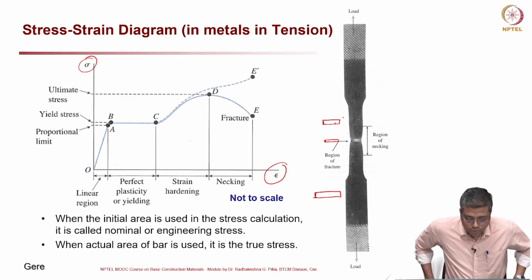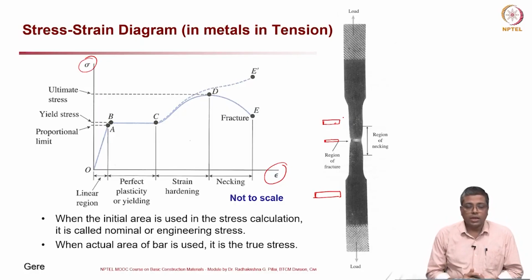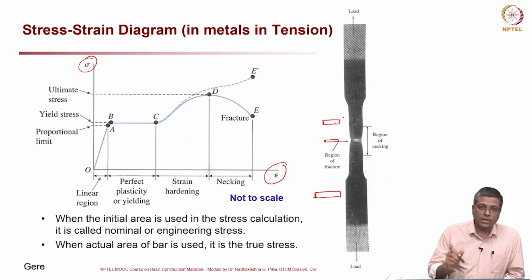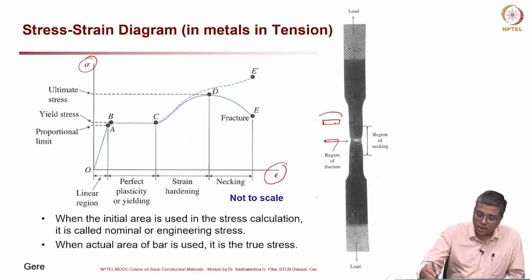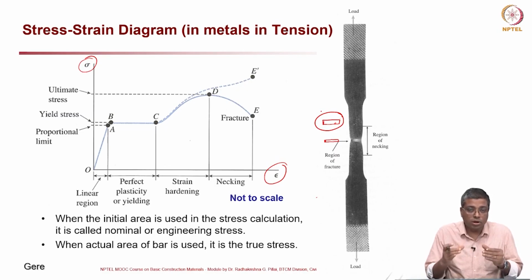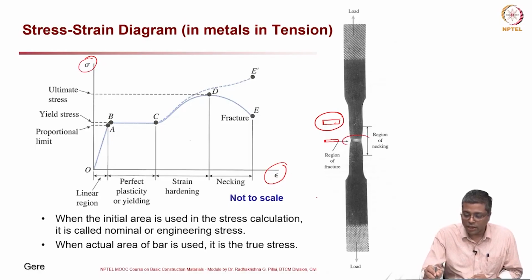Now, consider the initial area of the specimen being used to calculate the stress. What is stress? Stress is force divided by the area. If for that calculation you use the initial cross sectional area of the specimen, then after some tension is applied, the material's cross section can reduce, and something called necking can happen.